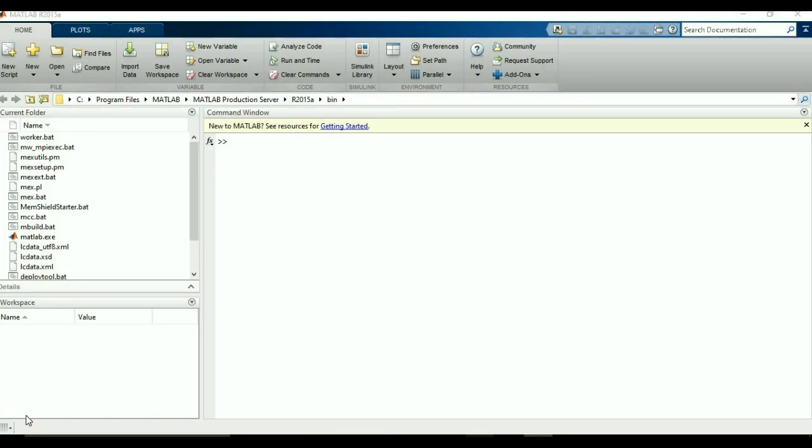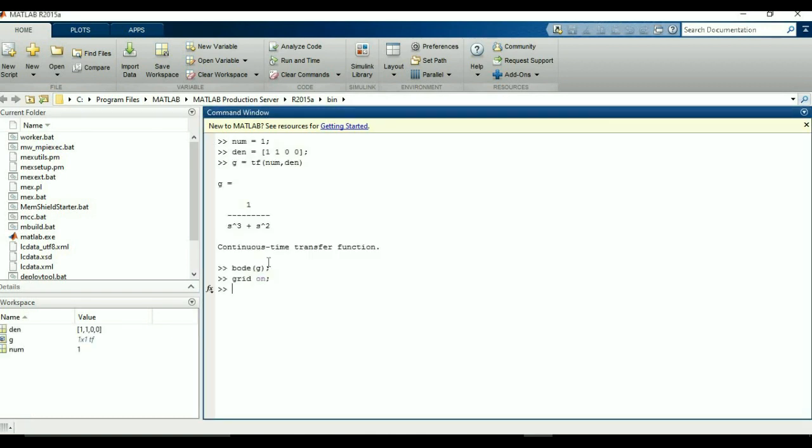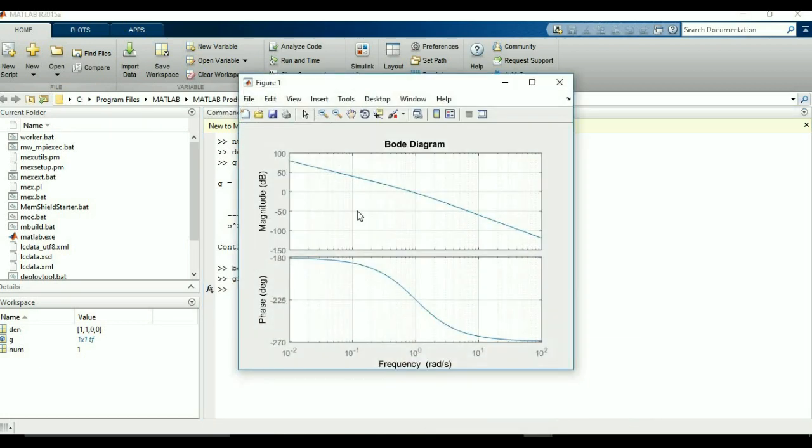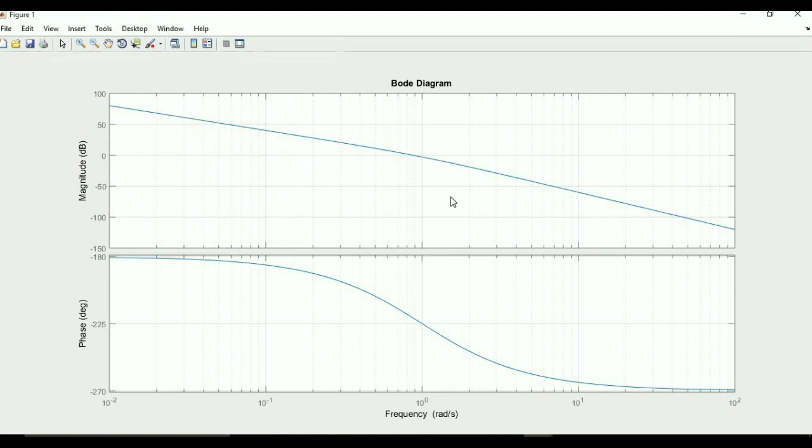Now we can also find the gain margin and phase margin of a Bode plot. For that we need a Bode plot first, so I am quickly making a Bode plot of this function, and the plot is this.